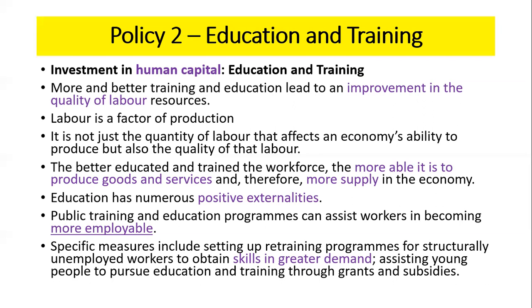Education has many positive externalities. Governments spend a lot of money, billions every year, educating young people to get them into the labour market so that they contribute towards the next generation of workers. Public training and education programs can assist workers in becoming more employable. The higher your education and skills, the more employable and attractive you will be to your future employer.